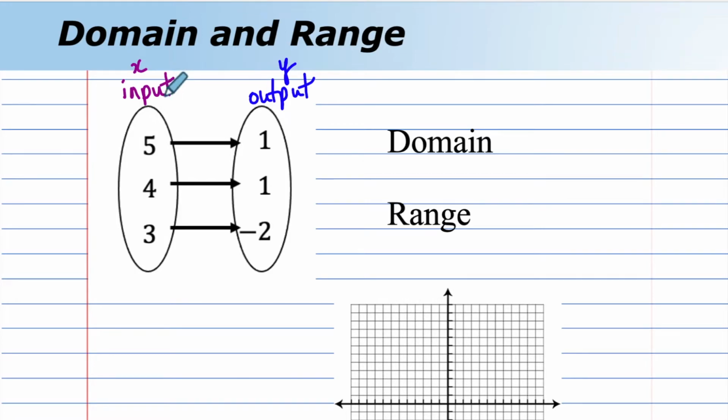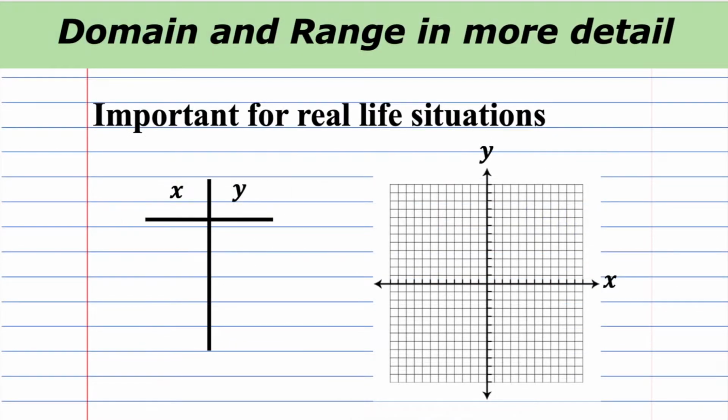We can say that the input or the domain is 3, 4, 5 exactly, and the range is -2 and 1 exactly. We need to be precise in writing domain and range because it depends on each situation.